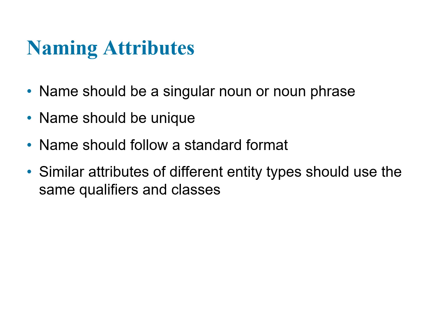A common naming format is entity type name, class, and an optional qualifier clause, where the brackets indicate that the clause is optional and the ellipsis indicates that the clause may repeat. Entity type name is the name of the entity with which the attribute is associated.